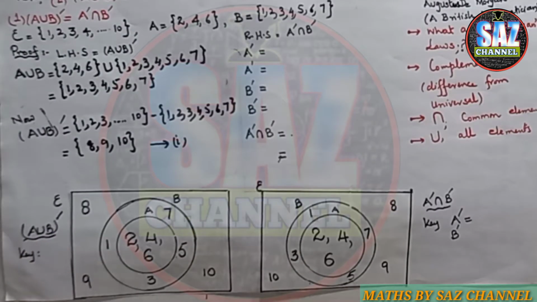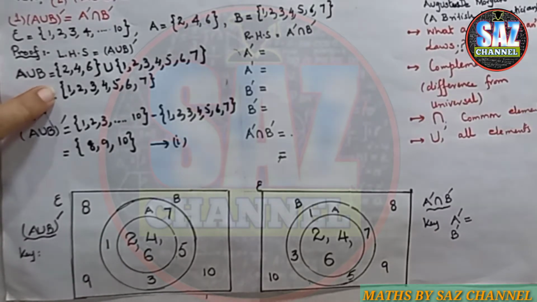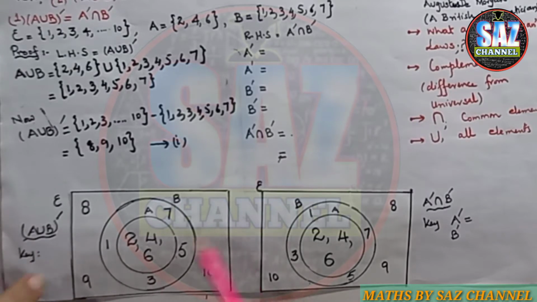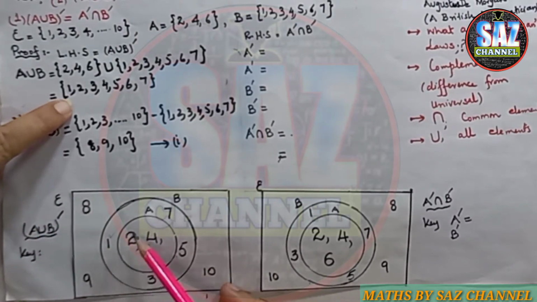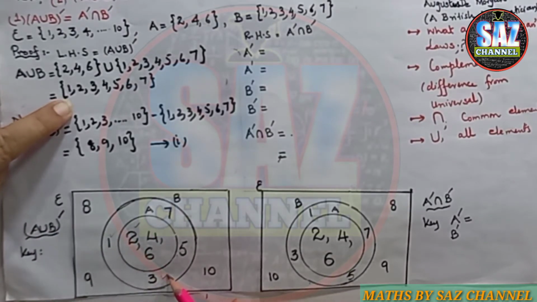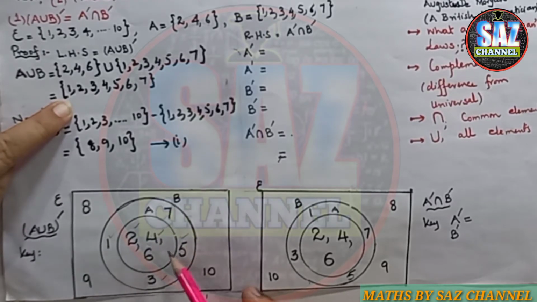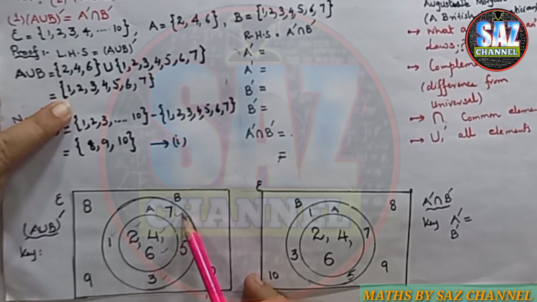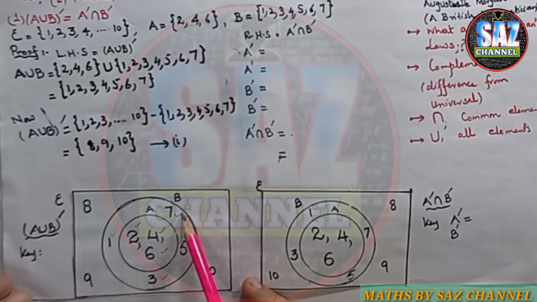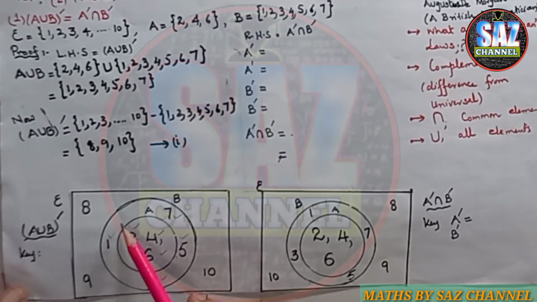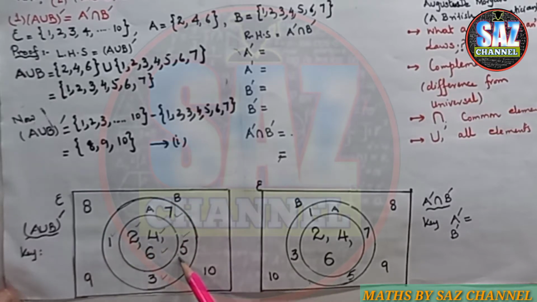Now we have to show this answer with the help of the Venn diagram as well. First, we have to see what the answer of A union B is. A union B contains the elements 1, 2, then 3, then 4, then 5, then 6 and then 7. But I need the answer of complement. Complement means that I have to remove this set from the universal.